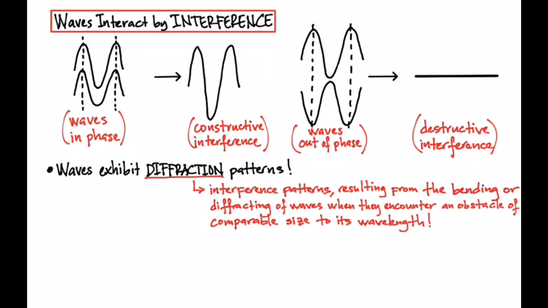And so if you have a nanoparticle that's about the same size as the wavelength of light, 700 nanometers, then that light will interact with that obstacle, with that object, causing what they call a diffraction pattern.